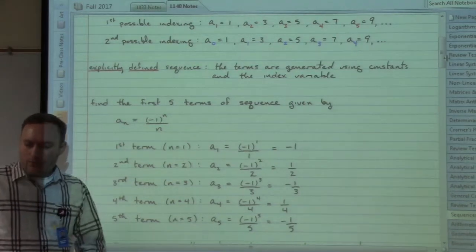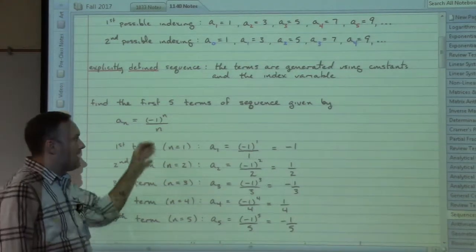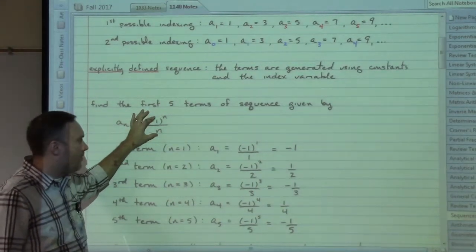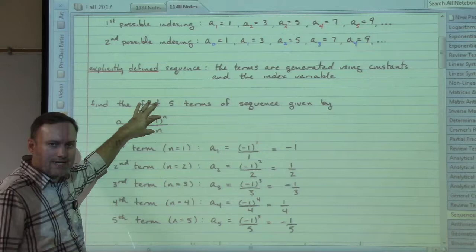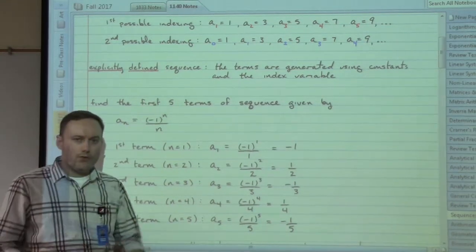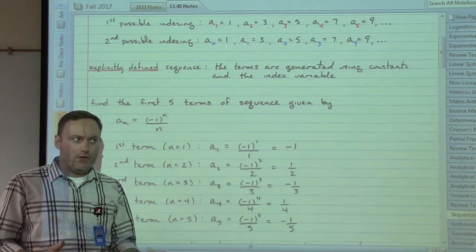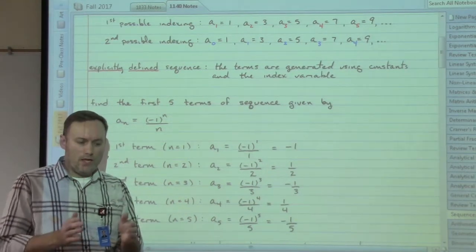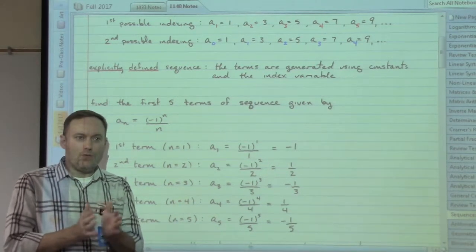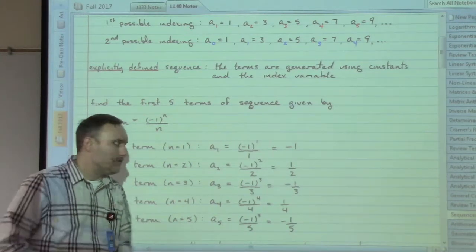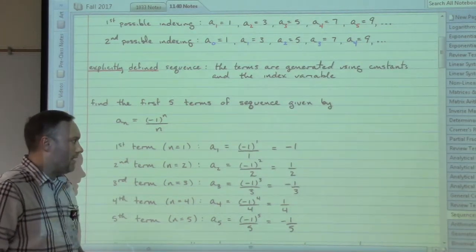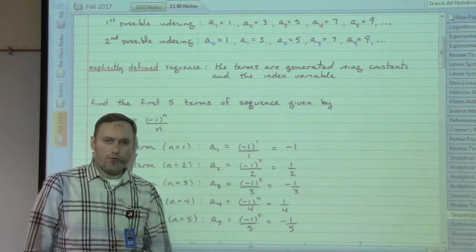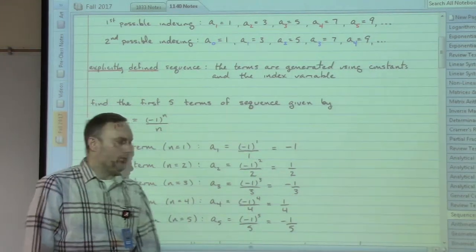We literally have a relationship here that says I only need numbers and I only have a reference to the index n. There is no other reference to any other term in my sequence. I don't rely on any other information than what index I would need to plug in, and that index number is going to generate what term I'm looking for.